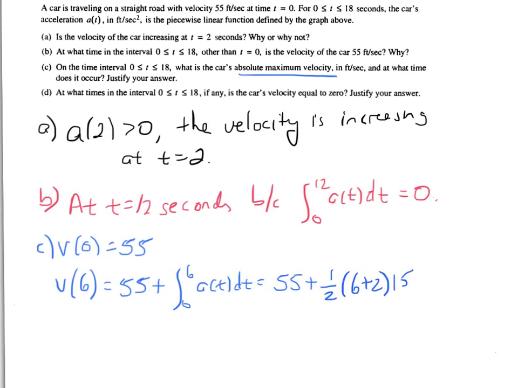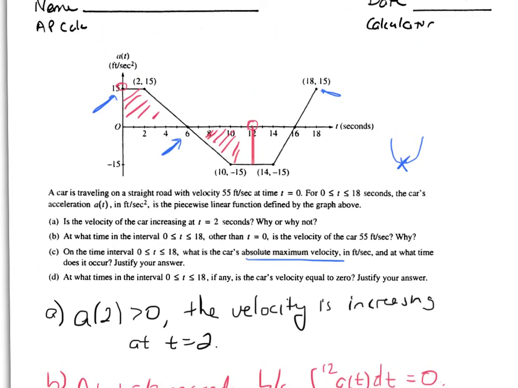So that turns out to be 55 plus, this is 8, half of 8 is 4, 4 times 15 is 60, which is 115. So 115 is definitely larger than 55, so we know that v of 0 is out. That can't be our absolute maximum.